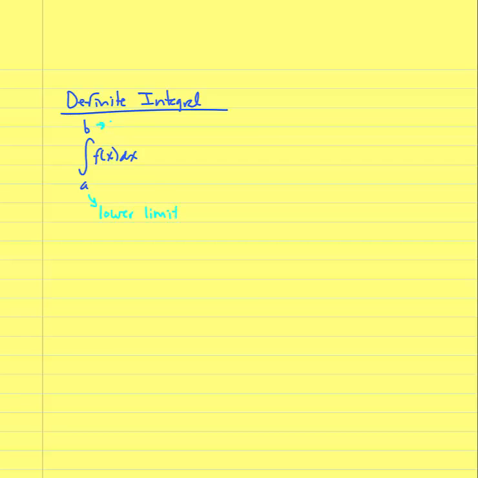This is called my upper limit, as you might guess. This value of f of x is called the integrand. It's the height of a rectangle. And this value of dx is called our differential, and it's basically the base of a rectangle.